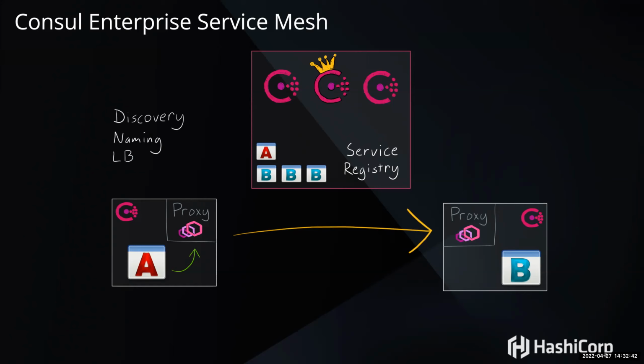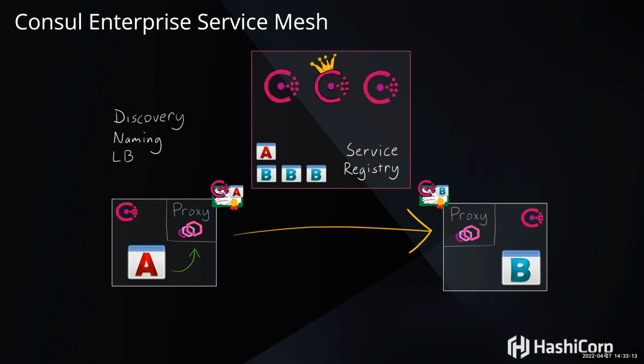So let's talk about some of the advantages and why you want to do this whole proxy thing. Why do you want this whole service mesh, right? First and foremost, we want to bring in some of those security principles that we talked about earlier. When Consul registers a service and you enable the proxy function, every single service receives an identity from Consul in a certificate format.